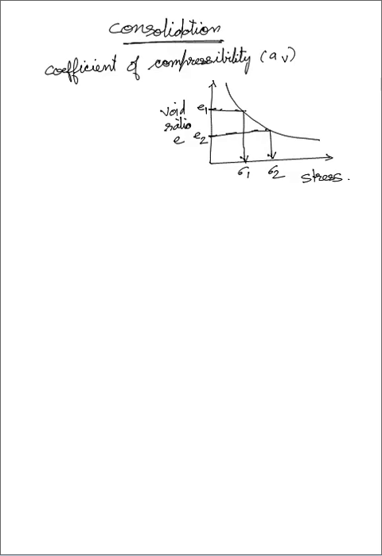Basically AV is e1 minus e2 upon sigma 2 minus sigma 1. So e1 is the void ratio at initial.